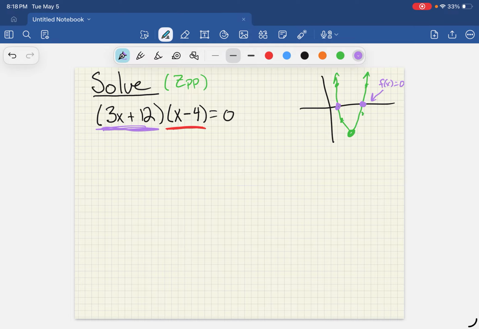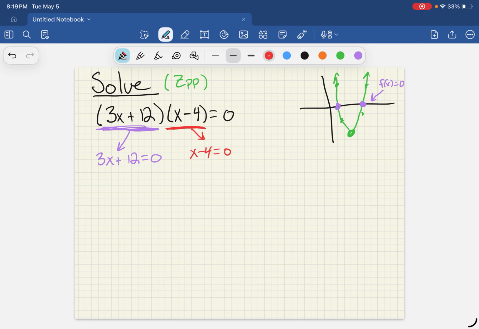We're finding out where it's launched from and where it's going to land. So what we want to do is find the numbers that make my equation equal to zero. And how I do that is I'm going to split my equation into two pieces, the two things that were being multiplied together, and I am going to set both of them equal to zero.